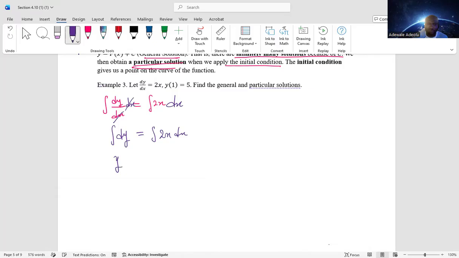So here we will have y equals, what is the antiderivative of 2x? Remember, all you need to do is add 1 to the power, then divide by the new power, since it's a power function. So that is 2x raised to power 2 over 2. Remember, plus c. You have to add plus c.